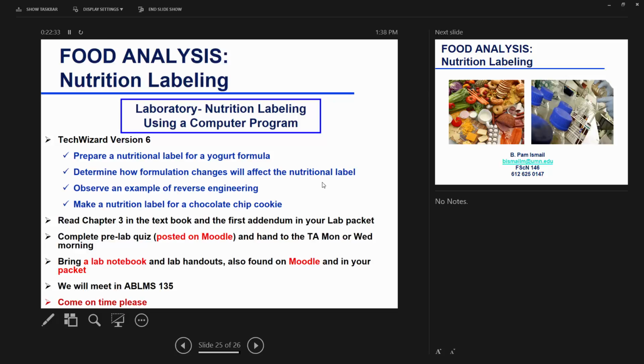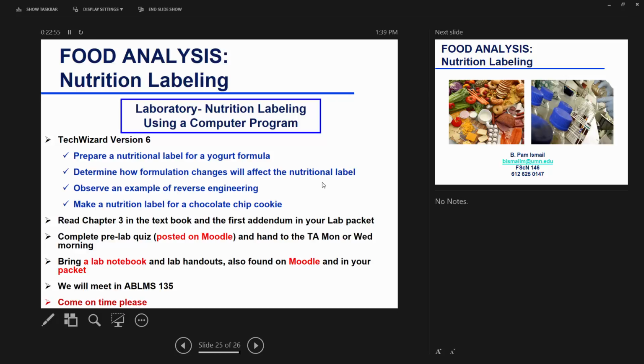What I want you to do is read chapter 3, review the notes here, and then you have a first addendum in your laboratory packet. We're not going to use the lab manual, we're going to use the lab packet, and the first addendum in your lab packet is what you want.